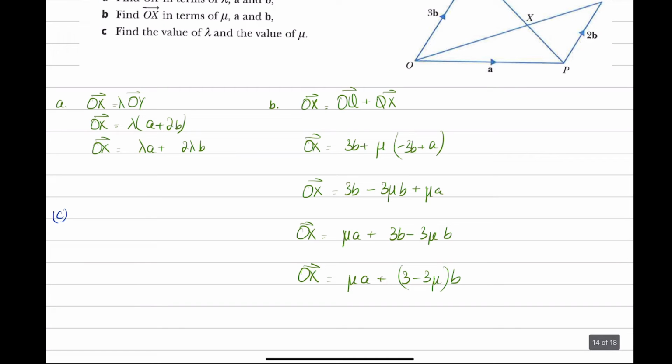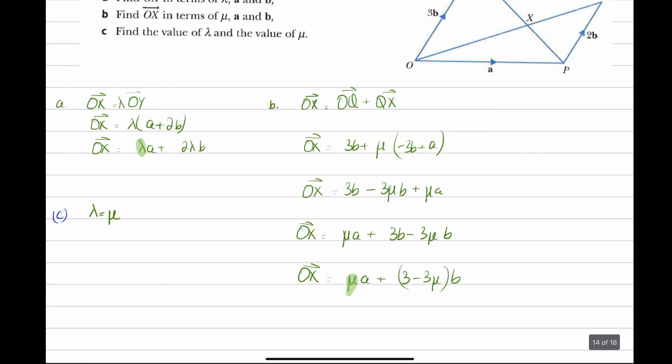Now you have to find the value of lambda and mu. So you can form equations straight away. You can see that here you have lambda, and the component of a in the other OX in terms of mu is mu. So lambda equals mu is your first equation. So whatever the value of lambda turns out to be is going to be the same as mu.